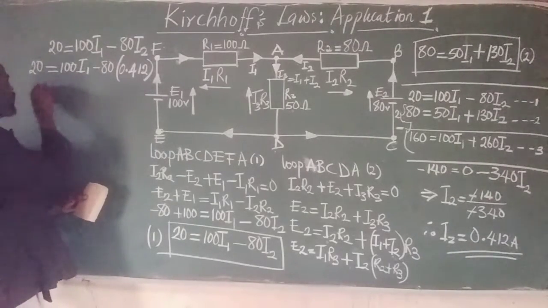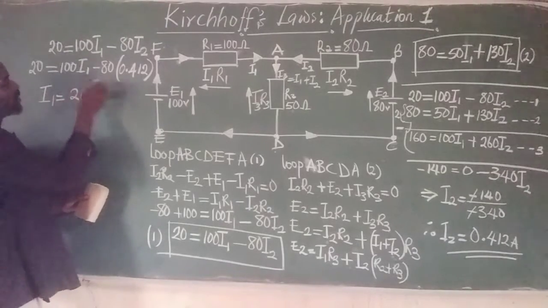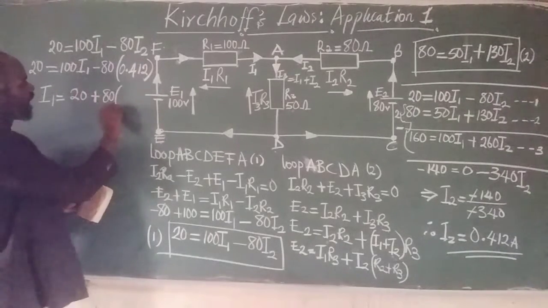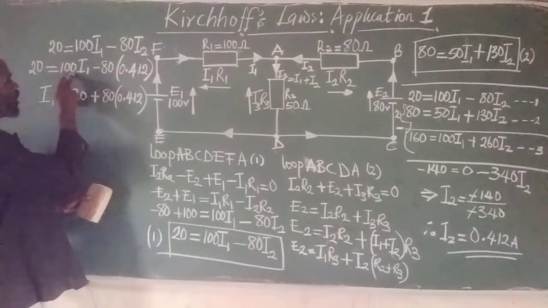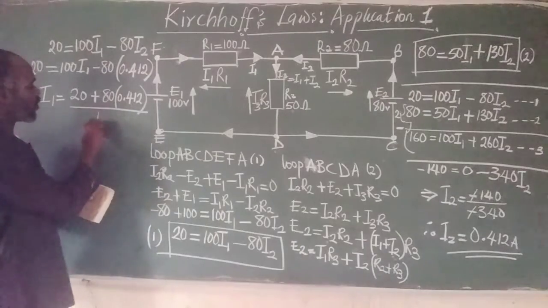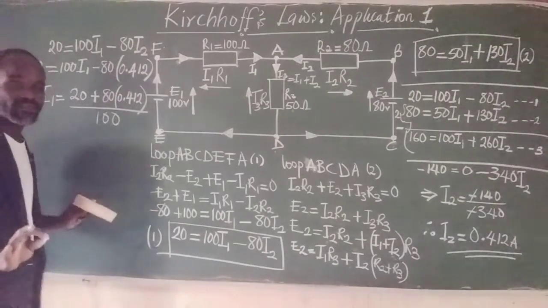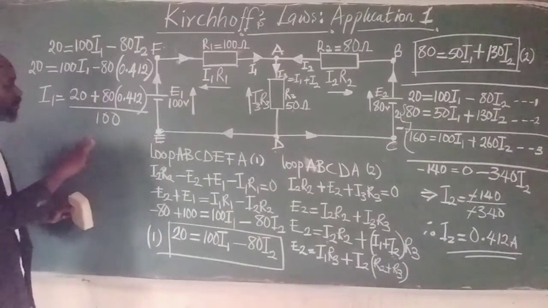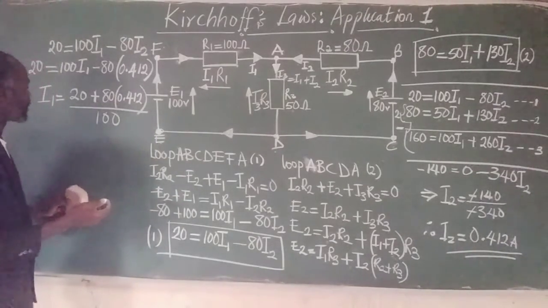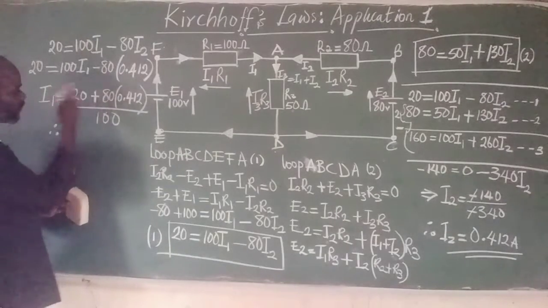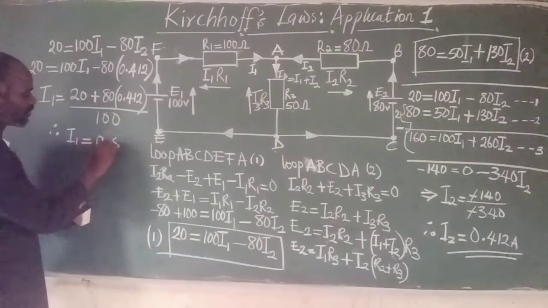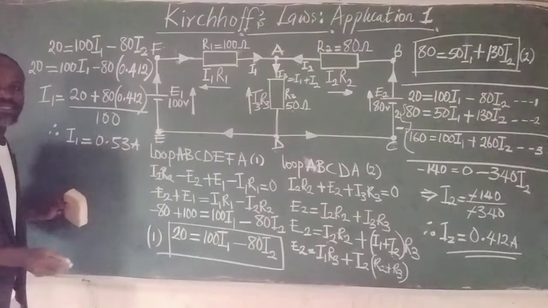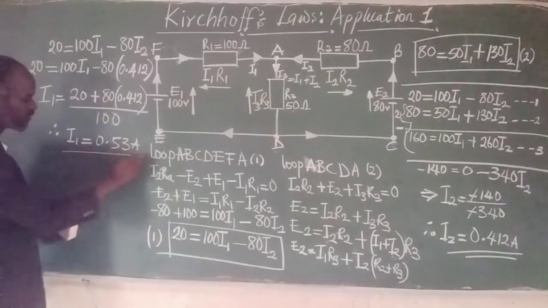It becomes current 1 is equal to 20, and this comes over to this side and becomes plus 80 bracket 0.412 bracket close. Remember, we are going to divide all through by 100. That is it, simple manipulation using basic arithmetical operators. Therefore, if we simplify this further, our I1 is going to be 0.53 amps. All right? Good. Now we have found the value of I1.